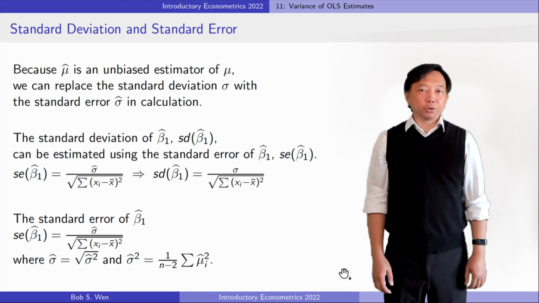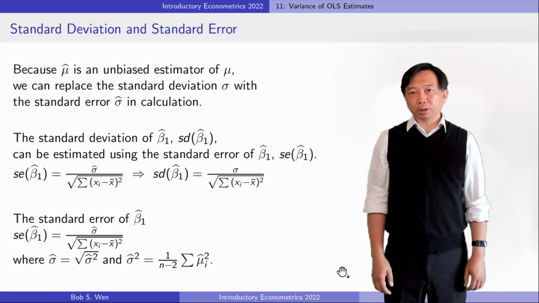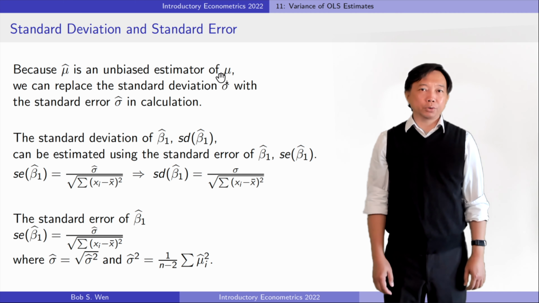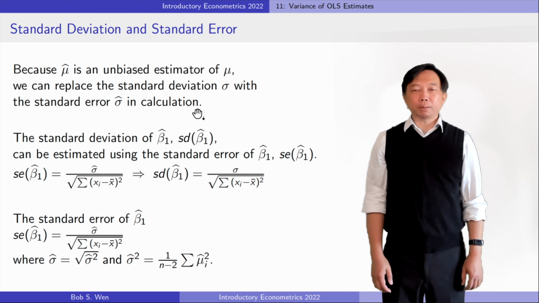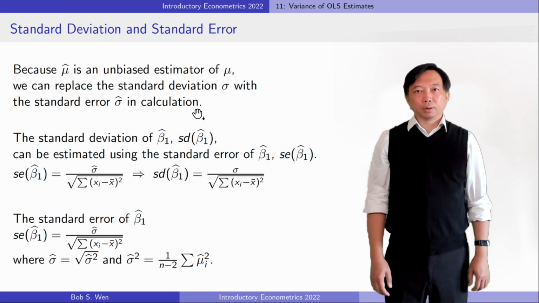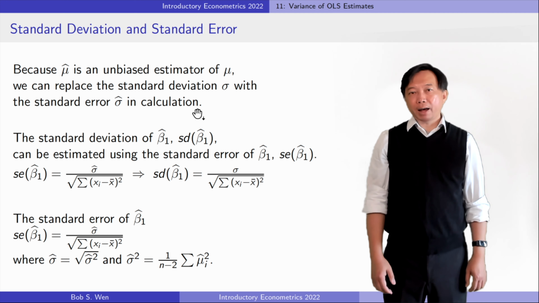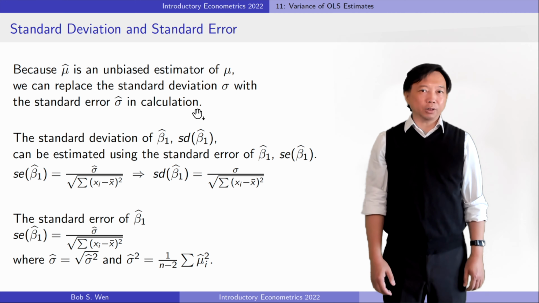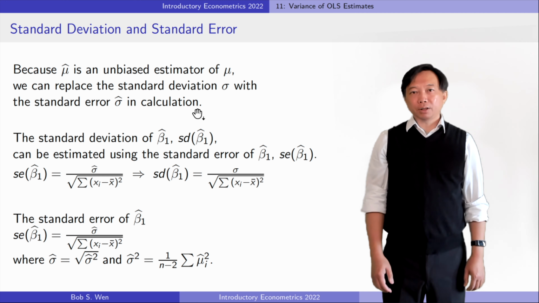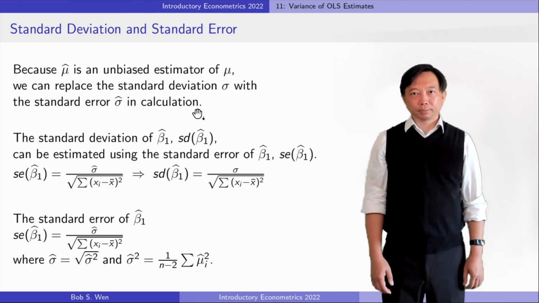We can obtain the residuals from the OLS regression and use the residuals to compute sigma squared hat. It is an estimate for sigma squared. Then we can use the standard error sigma hat as an estimate for the standard deviation sigma.